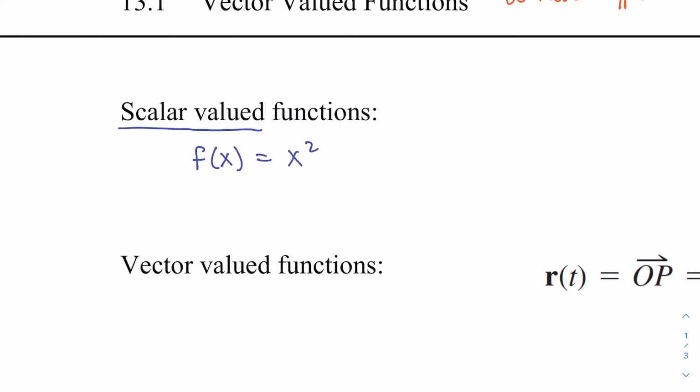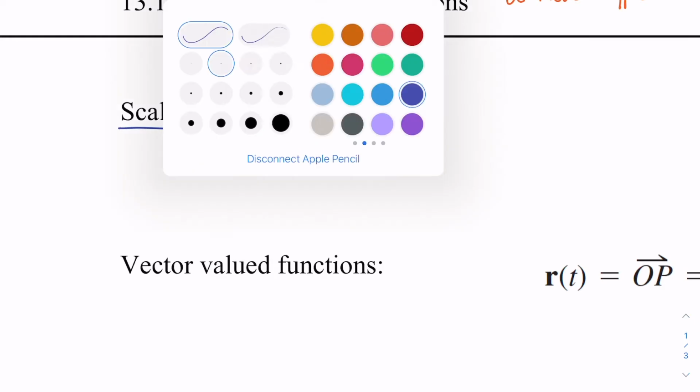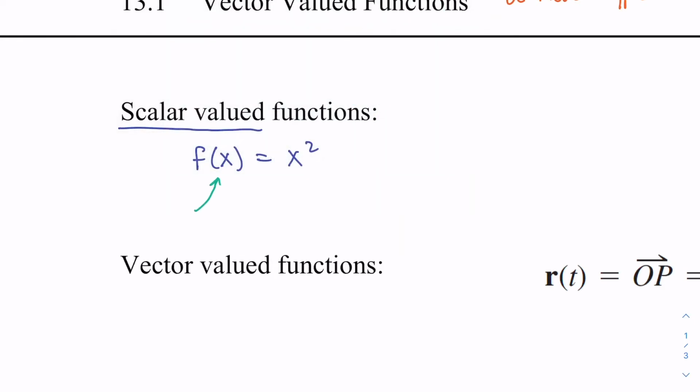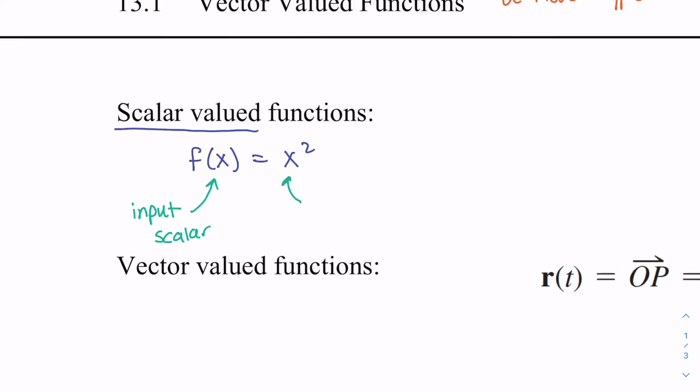Right, that's a scalar valued function where the input is x, and it's a scalar, like 1, 2, 3, and then the output, or excuse me, this is the output that we can call f of x, or we could call that y, like y equals x squared, and that's also a scalar.